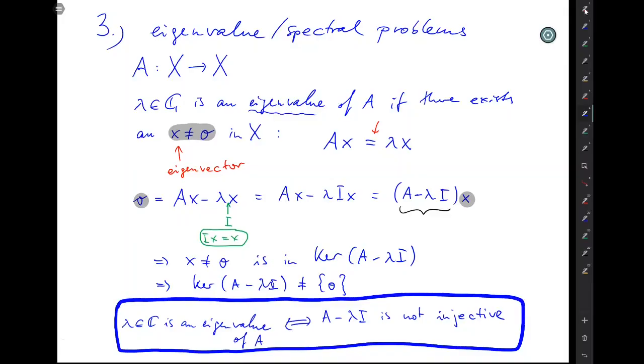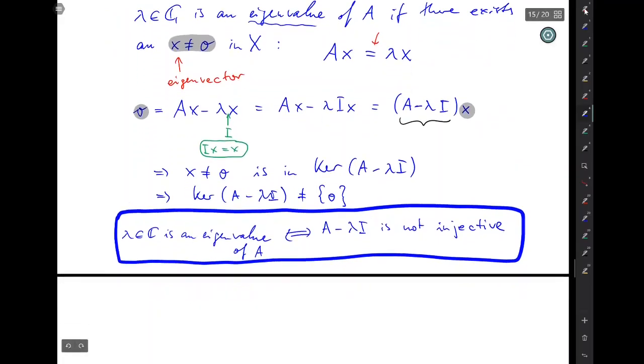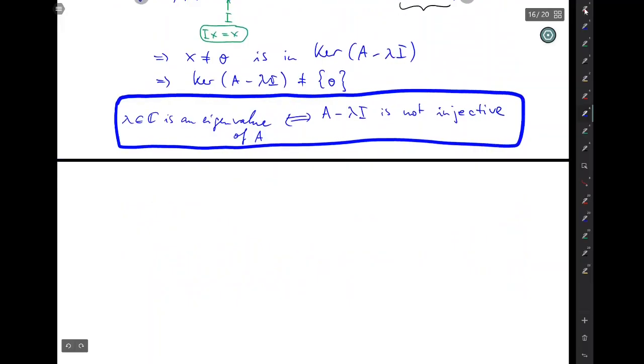Still, this is not exactly the way how you compute eigenvalues, but it's leading the way. So how do you check whether or not a matrix is injective or not, or how do you check whether or not the kernel is non-zero? So let's go back to your linear algebra course. So if the dimension of X is finite, let's say it is, let's call this little n.